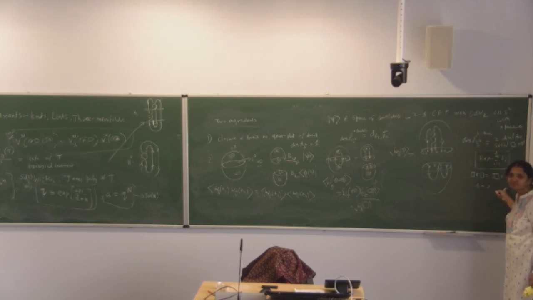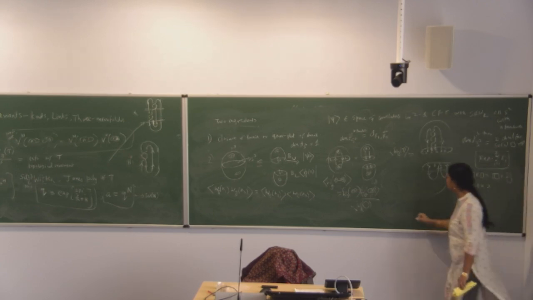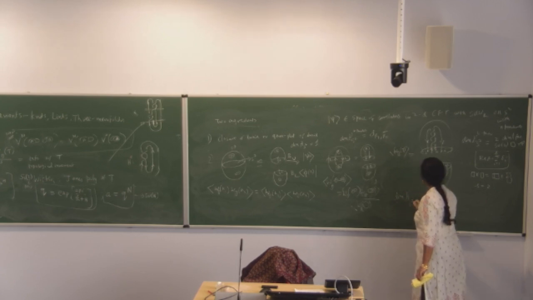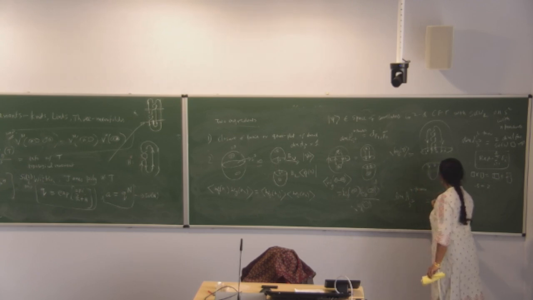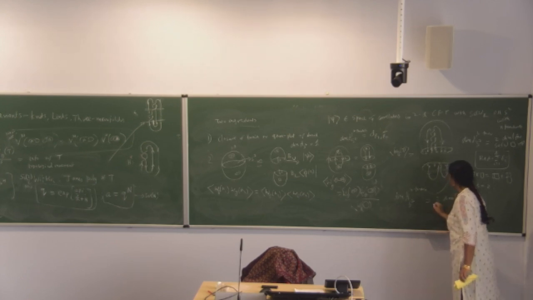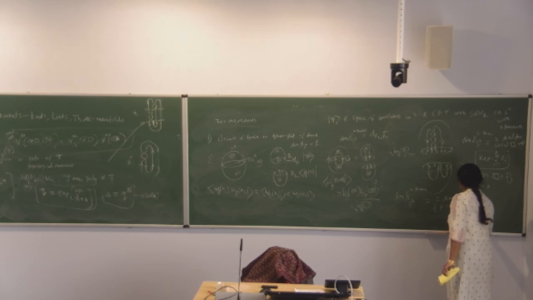So the dimension of the Hilbert space of S2 with 4 punctures is going to be 2-dimensional if R is this and the group is SU(N).